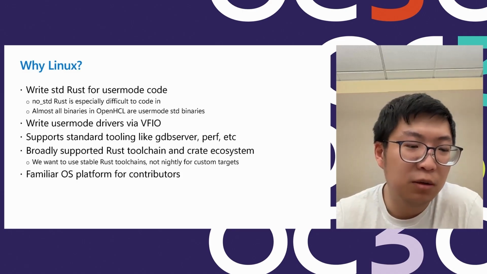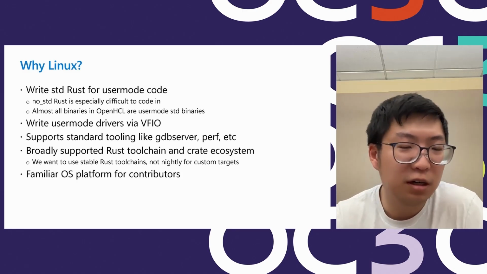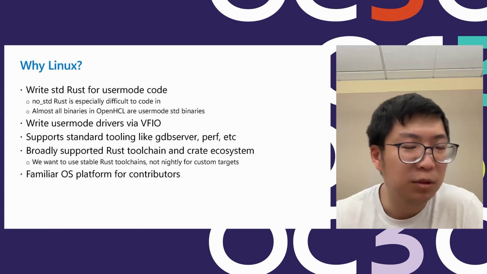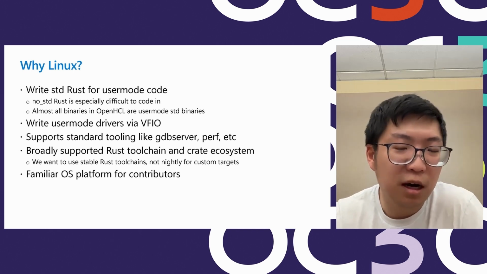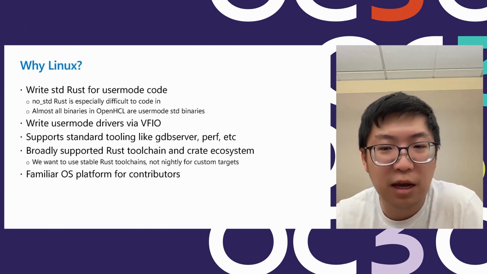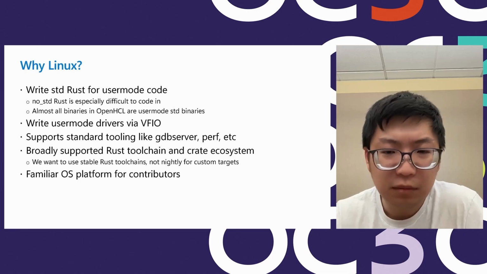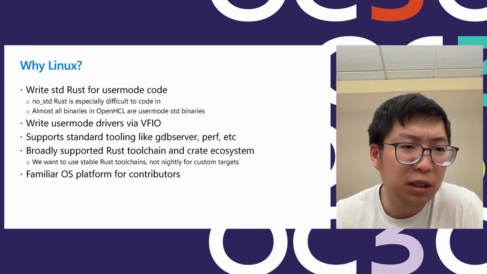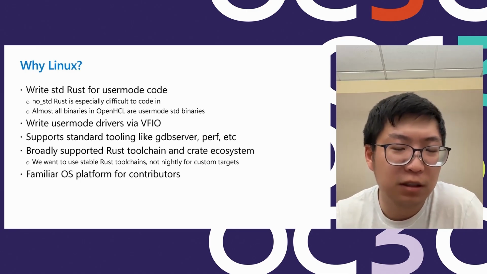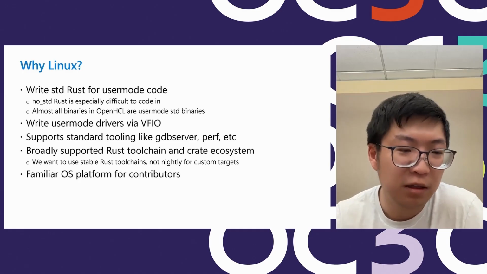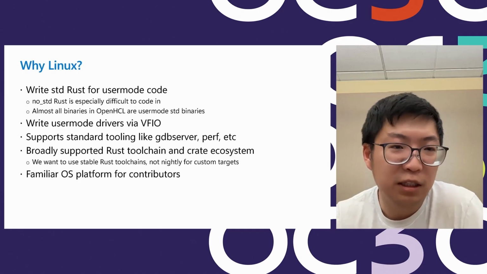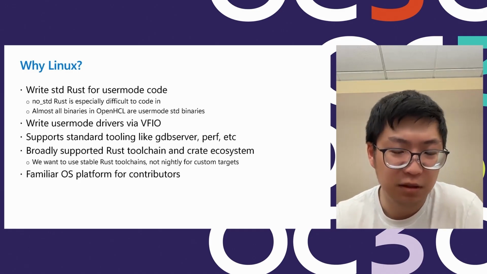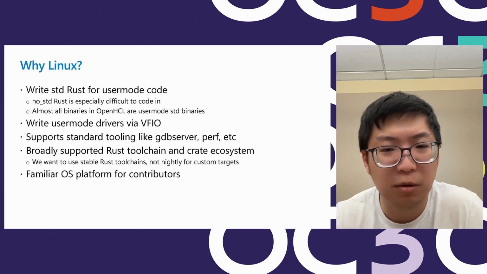If we were to go and write a whole bunch of no standard code or custom runtime environment, a bunch of crates that we want to use that are high quality crates may not support that well. And the key point is, stable toolchain support is also really important for us, since we want to make sure that we're not relying on nightly features and having to have these nightly toolchains to build the project.